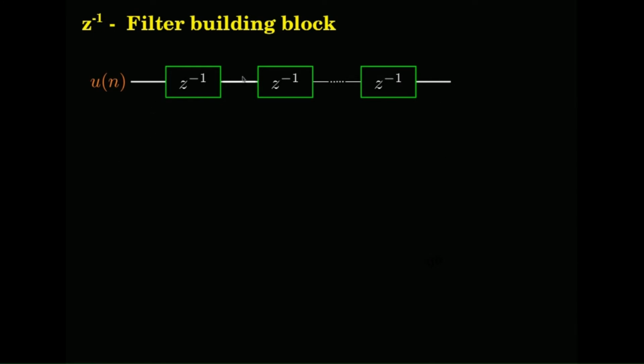Now each of these outputs, including the input, I will tap off and scale. I will scale it by A0, then after the first block by A1, after the second block by A2, and after the mth block by AM.